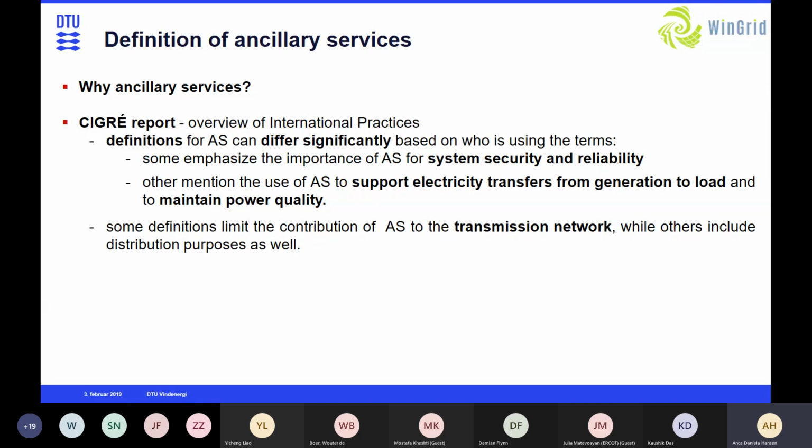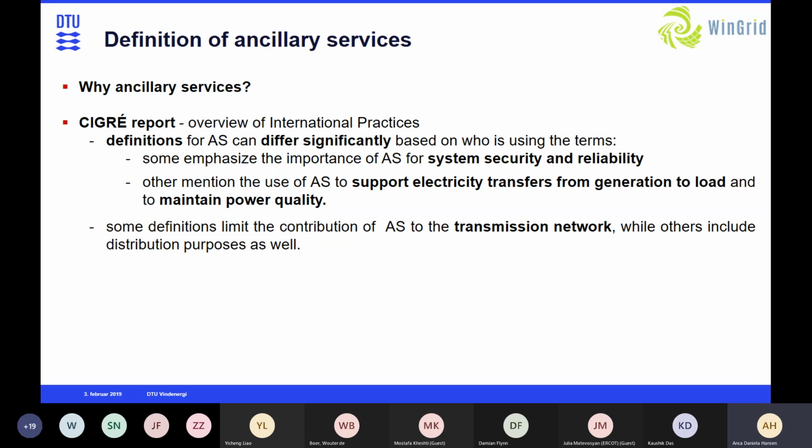So ancillary services are vital for the security and stability of the power system, which, as Damien and other presenters have highlighted yesterday and today, is getting more and more complex and vulnerable and requires appropriate operational rules and control systems to ensure its operational security and stability.